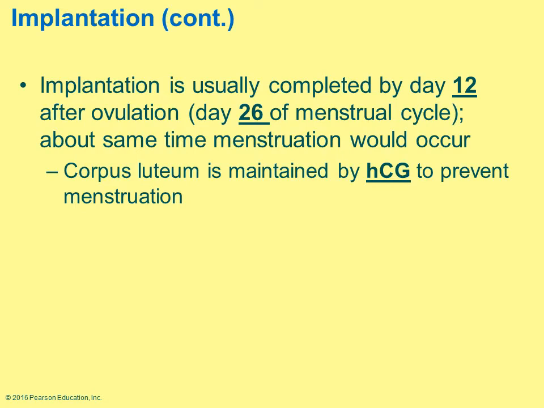Now, when implantation occurs, it's about day 26 of the menstrual cycle. The corpus luteum, remember, that was the remains of the follicle in the ovary, has been secreting hormones that will help prevent menstruation from occurring.